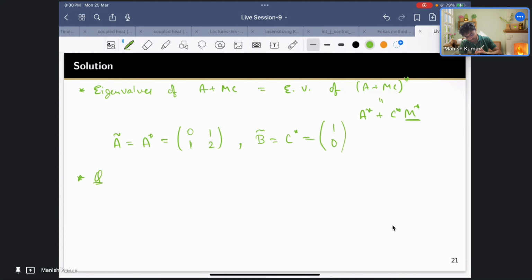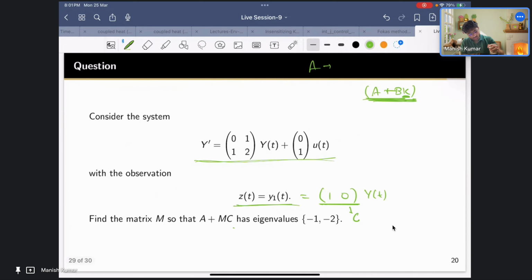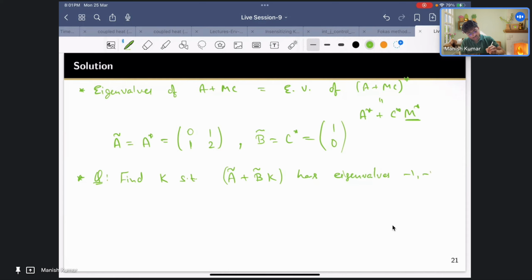Now let me rephrase the question. The question is: find K such that A tilde plus B tilde K has eigenvalues -1 and -2, right?